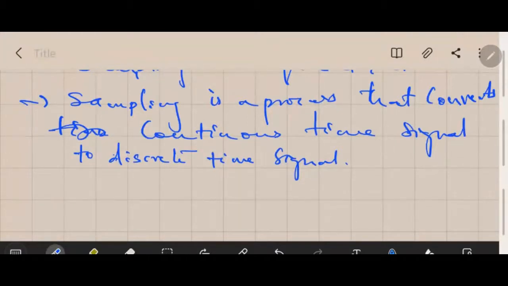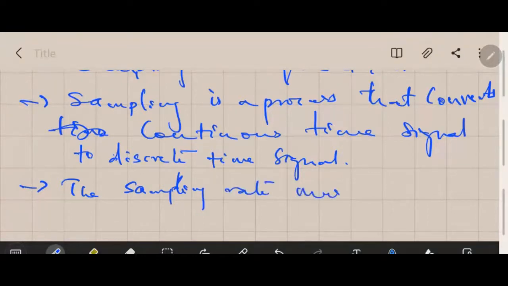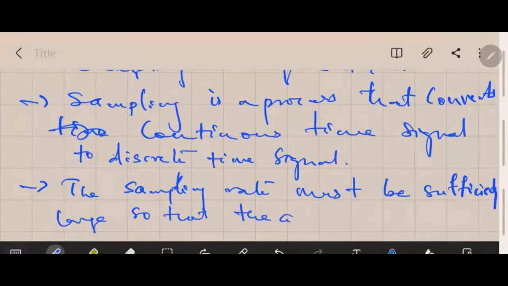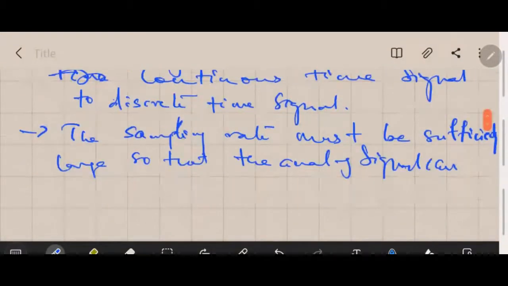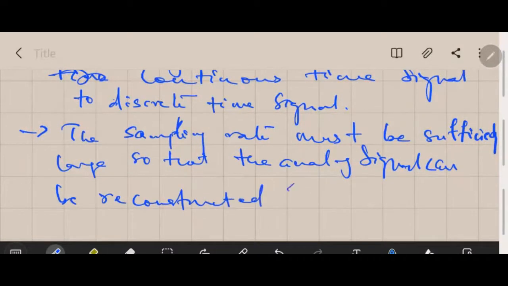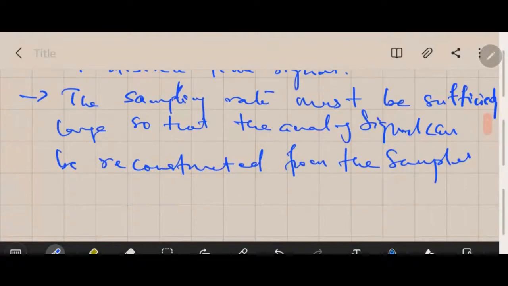However, there is a rule that we should follow, that is, the sampling rate must be sufficiently large so that the analog signal can be reconstructed from its samples with sufficient accuracy.